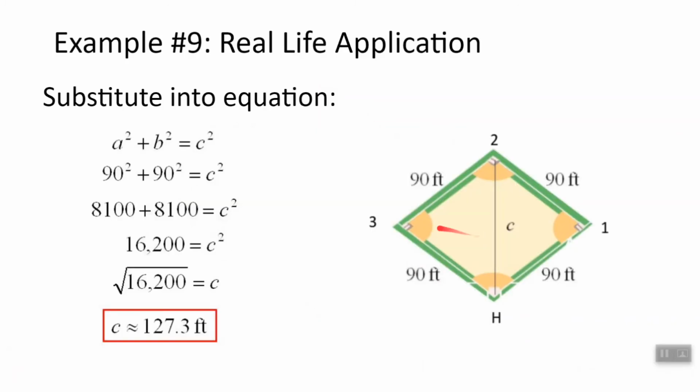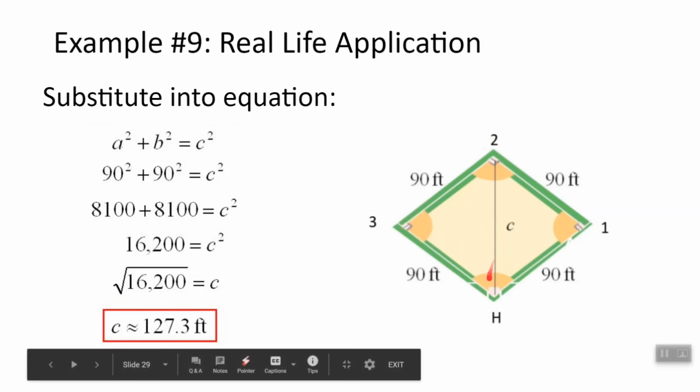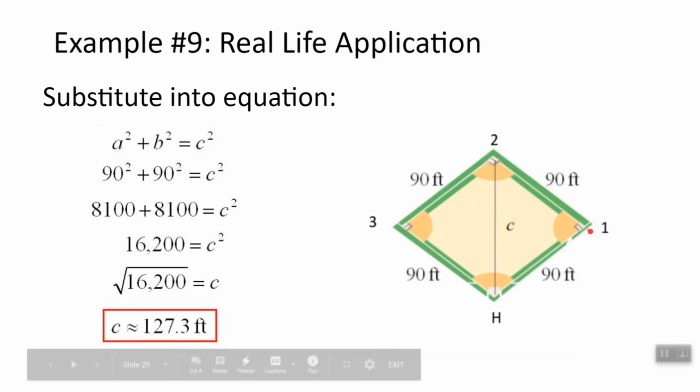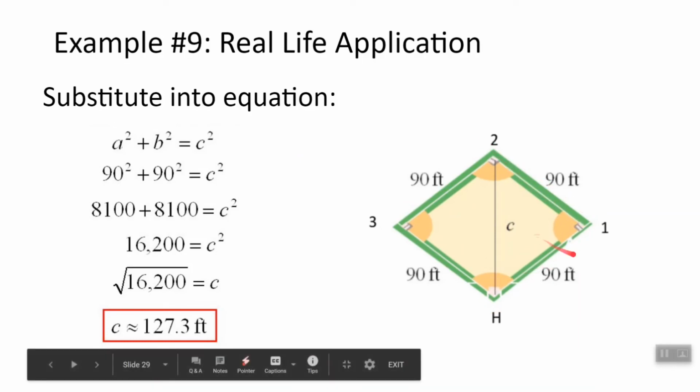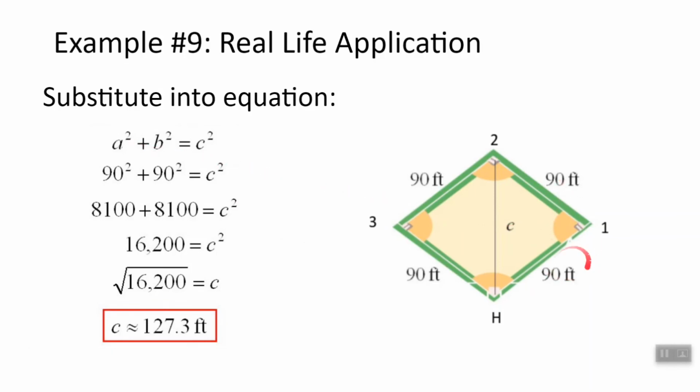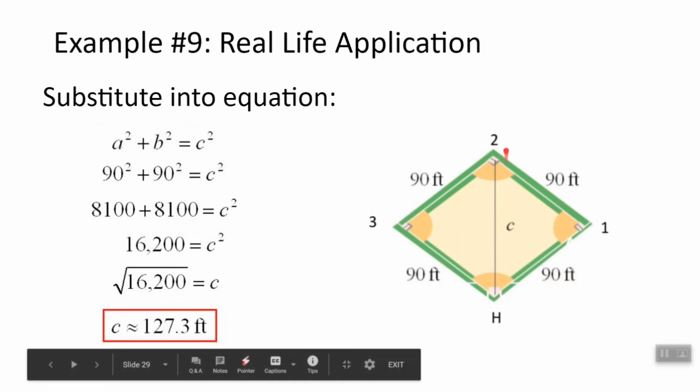So what you would do is substitute into the equation, obviously. So you have to find this length here, right? So you see there's a triangle right here, a right triangle. So there would be a right angle right here. So a squared plus b squared is equal to c squared. So you would have 90 squared plus 90 squared is equal to c squared if you want to apply the Pythagorean theorem.